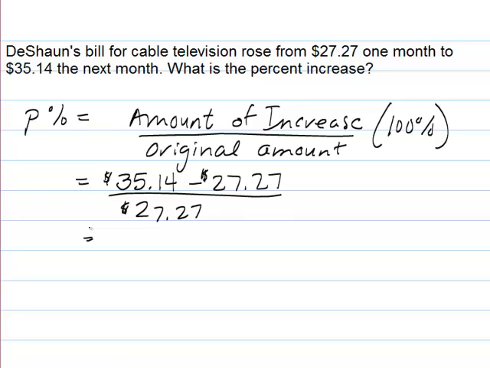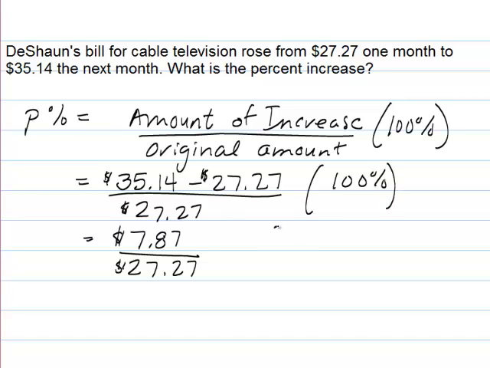So $35.14 minus $27.27 gives me $7.87 as the amount of increase, and then we're going to divide that by $27.27. Oh, and don't forget to change to percent by multiplying by 100%. All right, so I have $7.87 divided by $27.27.